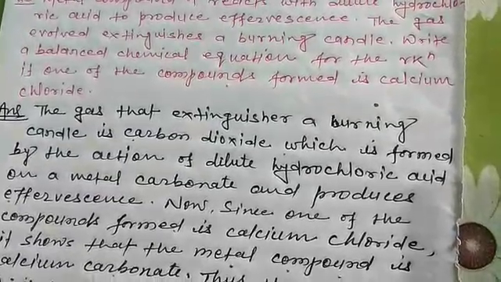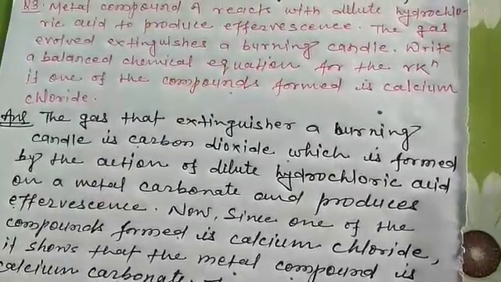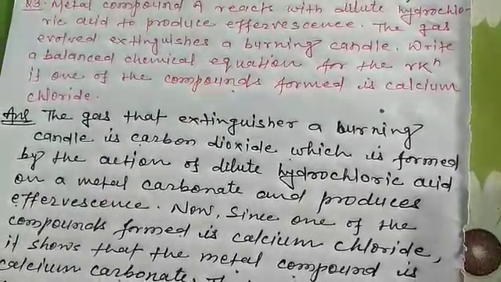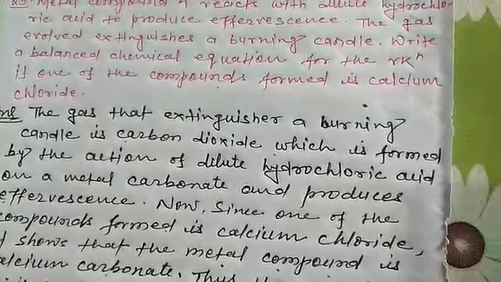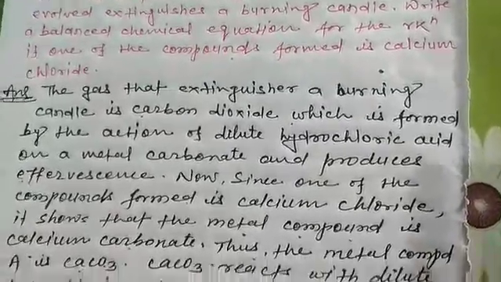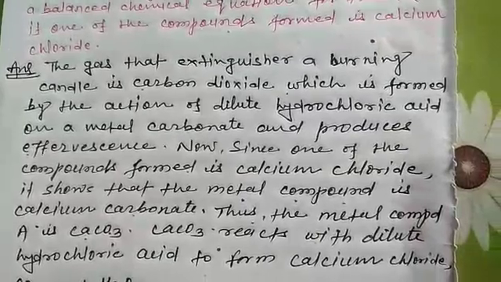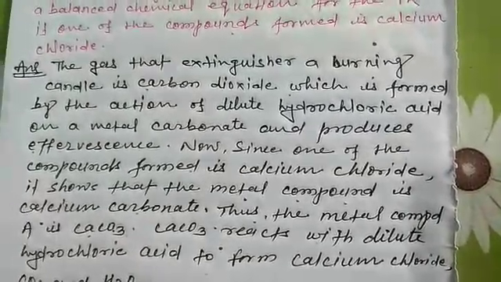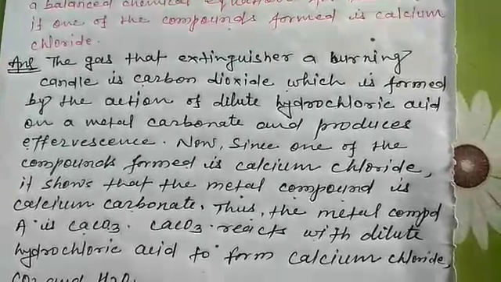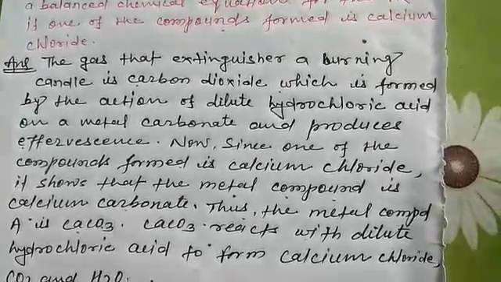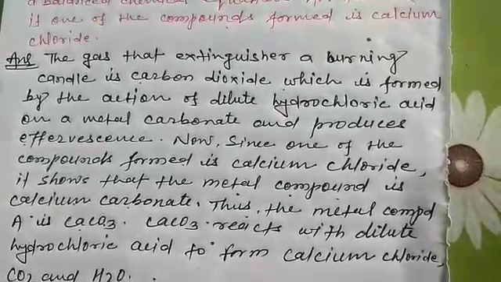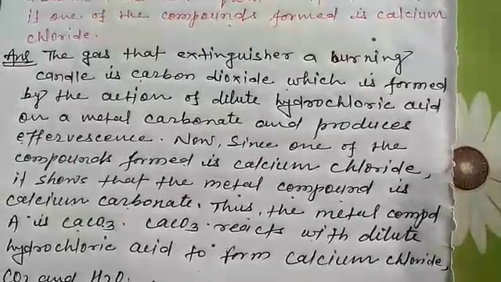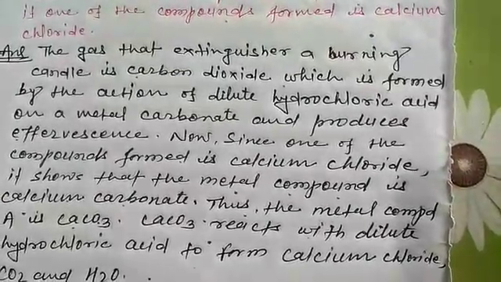Now, since one of the compounds formed is calcium chloride, it shows that the metal compound is calcium carbonate. Thus, the metal compound A is calcium carbonate.